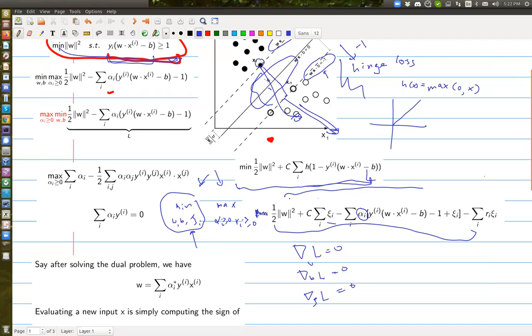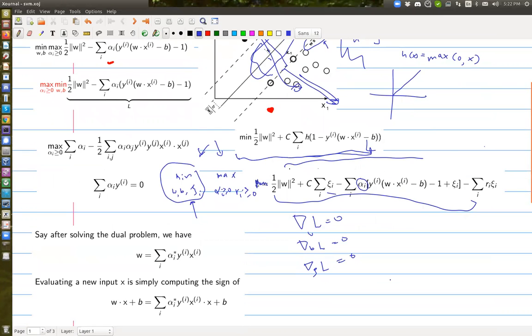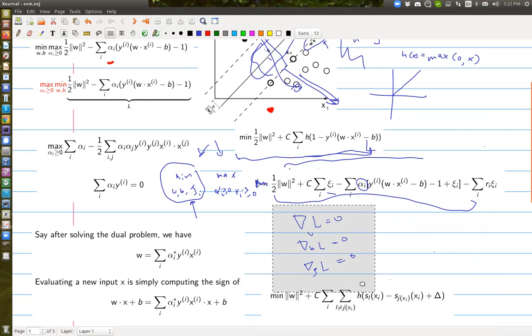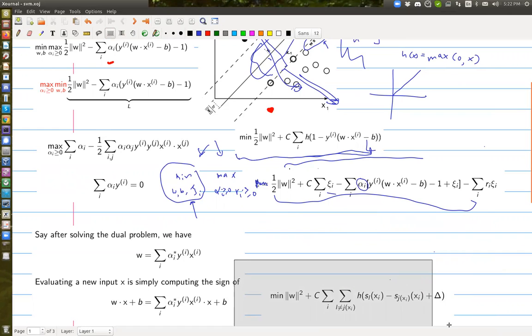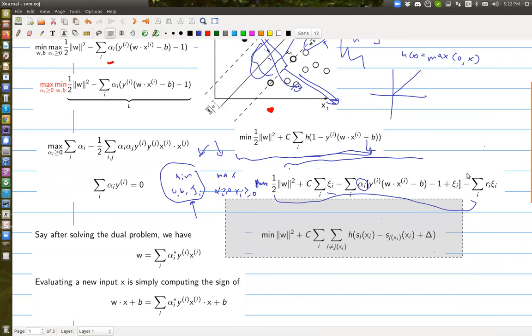I copied that. I did lots of copy paste just before the class so that it will be a bit easier. Maybe I erase some of this drawing here.